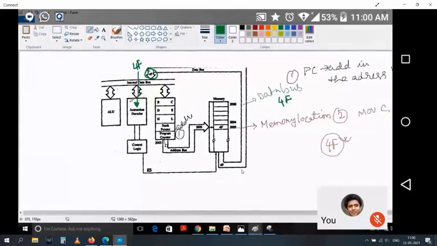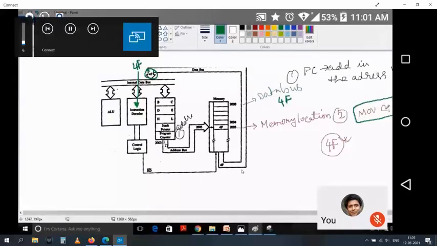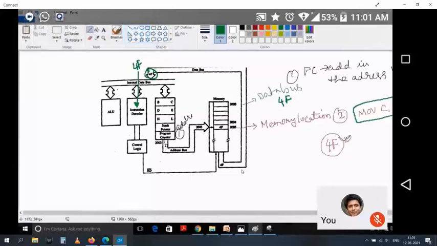This instruction decoder is decoding what is to be done and accordingly it is carrying out this operation. Move the content of the accumulator to C. Internally, when you are writing this code, MOV C, A, or you are giving a hexadecimal instruction 4FH, all this is happening within the microprocessor.